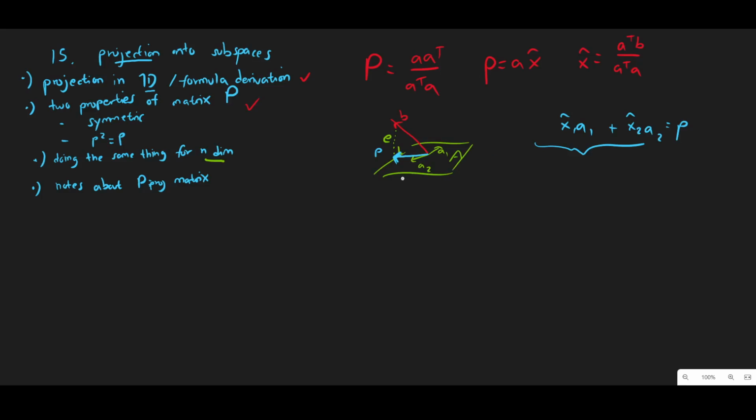We can think of it like, of course, A has its basis vectors A1 and A2, and again x hat is the combination of those two basis vectors, so it equals the projection. So I will rewrite this in vector terms, so I have the vectors A1 and A2, and then I get this x hat equal p, so this will be A times x hat equal p.